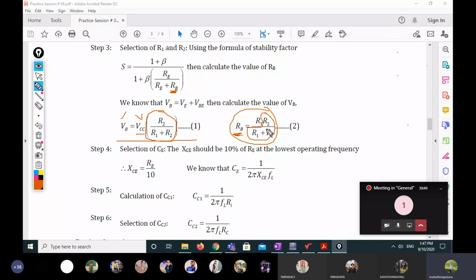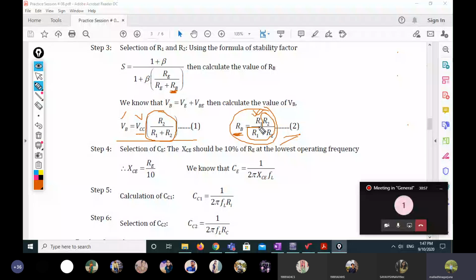So in the place of R2 by R1 plus R2, you can substitute the numerical value you get from the previous one. So from equation 2, the only unknown factor is R1. You can calculate R1.